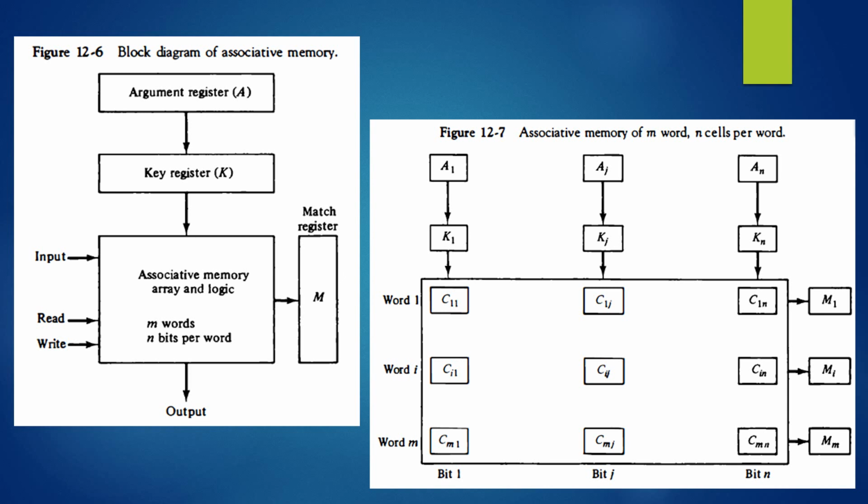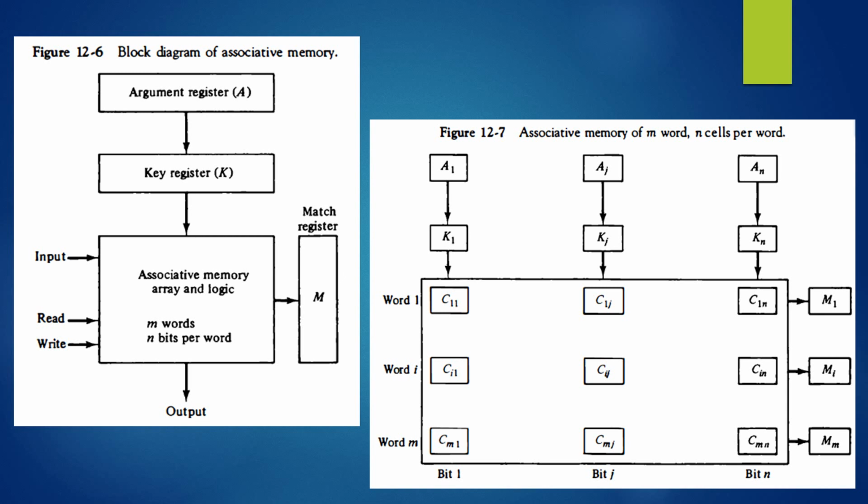Now the size of all these registers: the argument register is n bit, the key register is n bit, the M register is n bit, but the associative memory shown in the rectangle box will be M words, and each of the M words will be n bits.